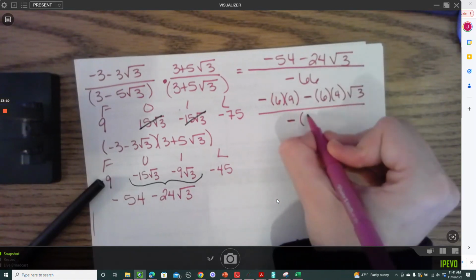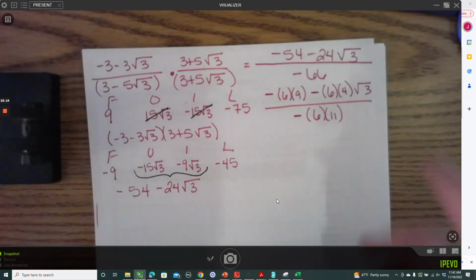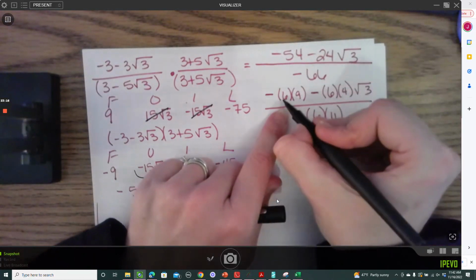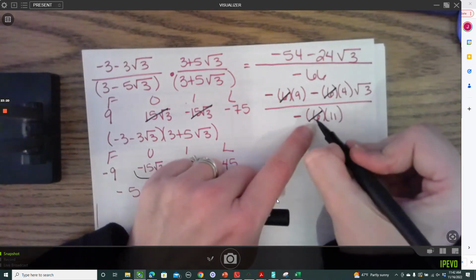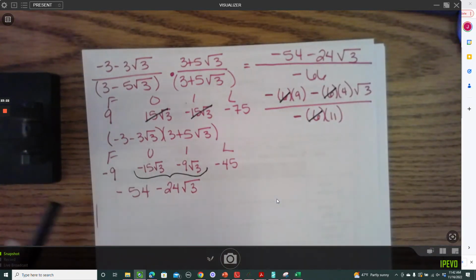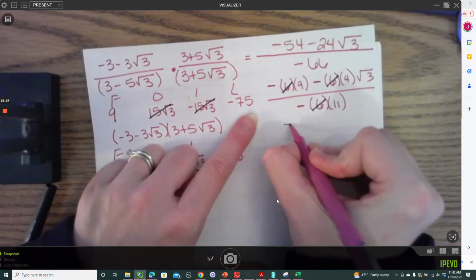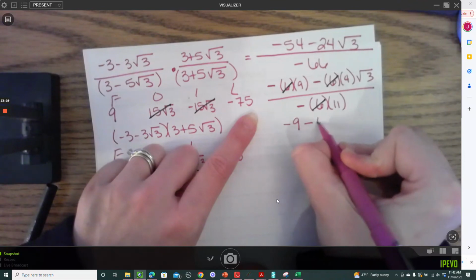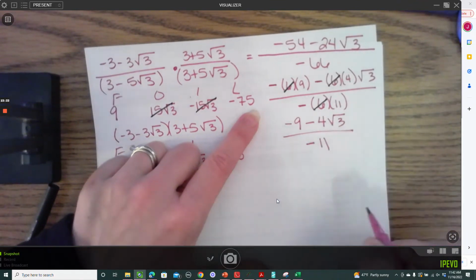Negative, and then 66 is 6 times 11. So to be able to cancel that 6 out, in each term I have to have a 6 as well. So those two will cancel out with that single 6 on the bottom. So now what I'm left with, negative 9 minus 4 square root of 3, and then negative 11.